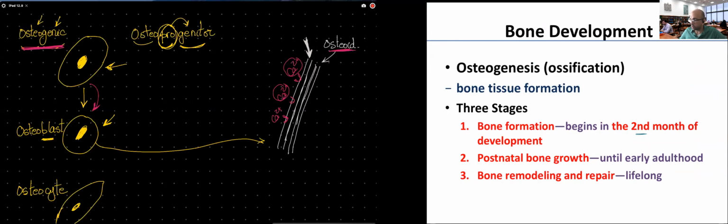Then we've got the postnatal bone growth, which is going to be taking place until early adulthood. And the third is going to be the bone remodeling and repair. And this is a lifelong process. So whenever I have a fracture, I have the ability to repair the bones. This is a lifelong process that allows me to remodel and repair the bone.